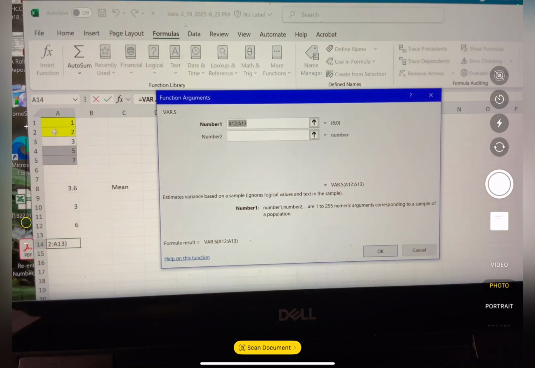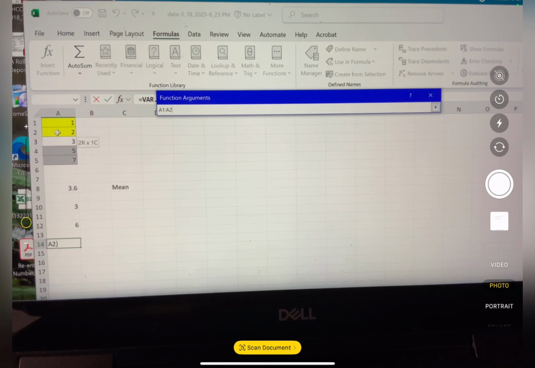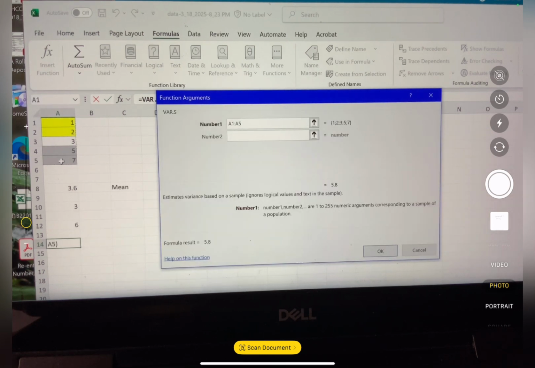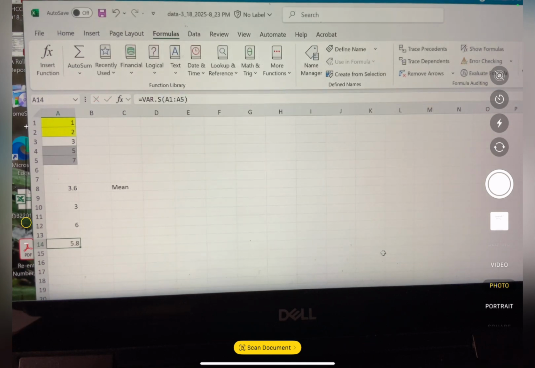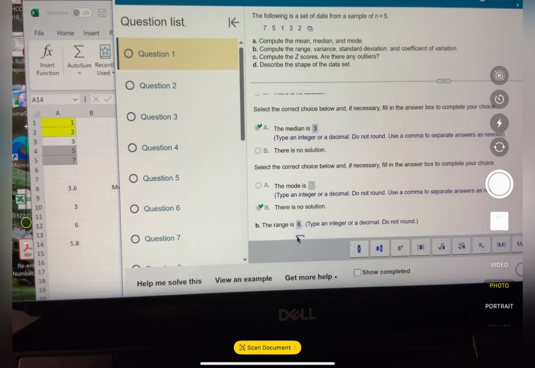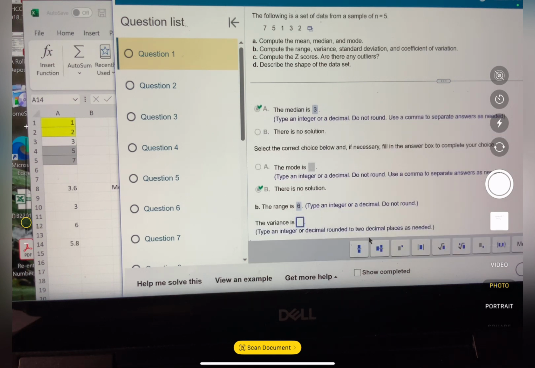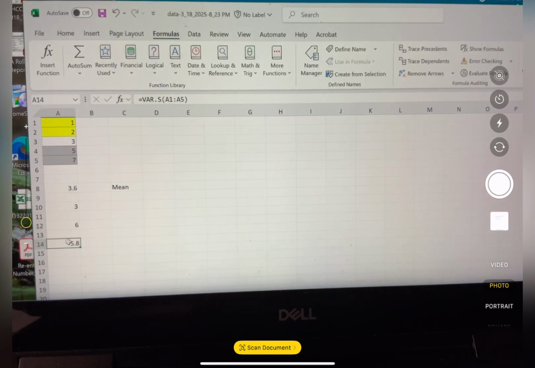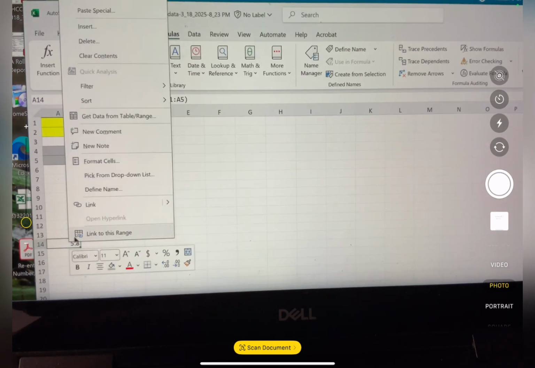And again, I'm going to highlight the numbers. I'm going to find the variance. Okay, for sample, click OK. And I got 5.8. So 2 decimals, huh? If it wants 2 decimals, let me see to find out. Click, where is format?